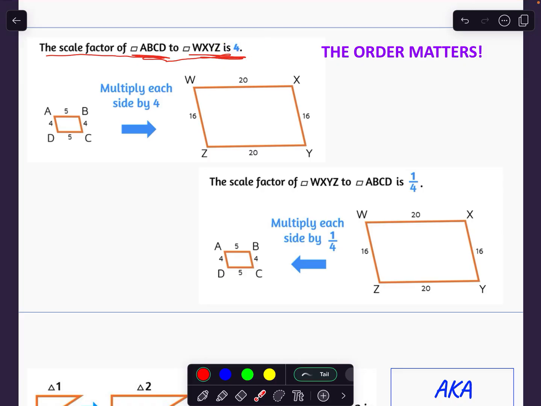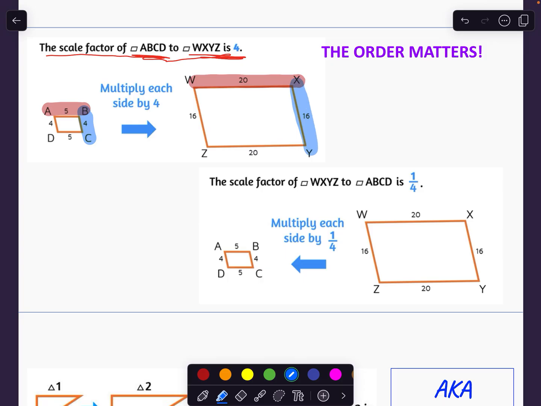It's like 4 times the size. So like this side right here, AB is 5 on the small one. It's 20 on the big one. That's 4 times as big. And same with all these. BC is 4 on the small one. It's 4 times as big on the big one.